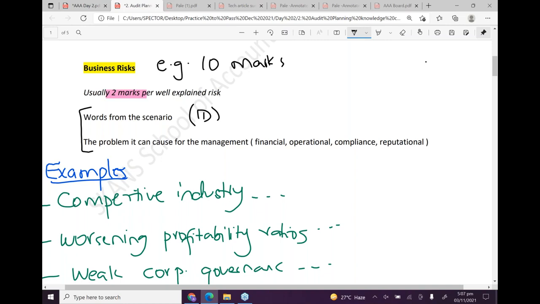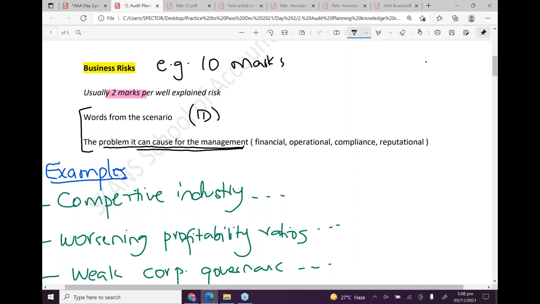So please make sure you start by using words from the scenario and then explain the problem this can cause for the management in the future. So in order to answer business risk, you have to put yourself in the management's shoes. The problem could be financial.